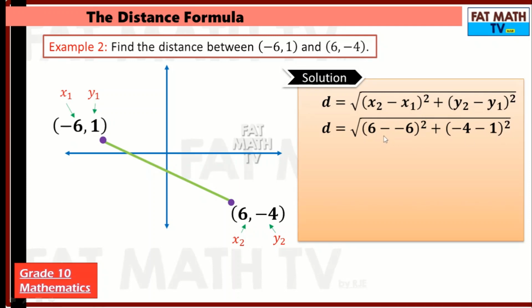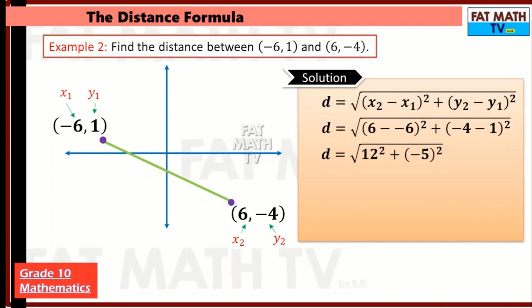Copy squared. What is 6 minus negative 6? 12. How about negative 4 minus 1? Negative 5. So we have here 12 squared plus negative 5 squared.